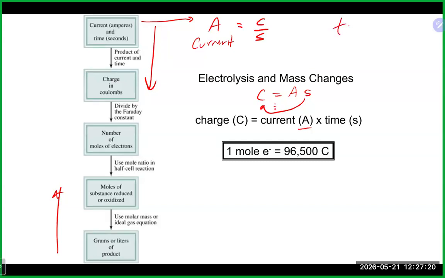Oftentimes they will give you the time that you ran the cell for. Now, if you're going in this direction in the calculation, usually your first step is to take the time and convert it to seconds, and then take those seconds times the amperage, which is coulombs per second. That will give you your coulombs of electrical charge.